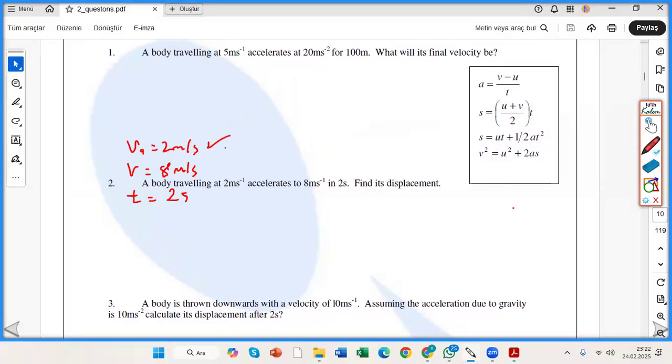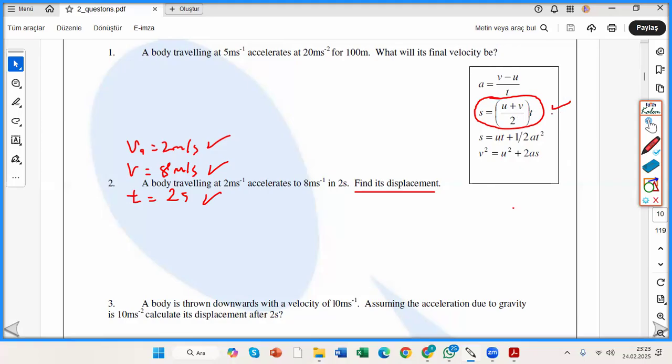We know the initial velocity and we know the final velocity and also we know the time, and we are asked to find the displacement. When you check the formulas, I think this formula fits the best.